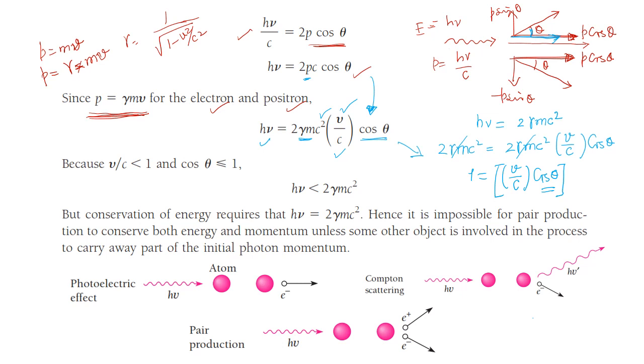So the electron and the positron are going in a single line without any angle. So it is not possible, because this is a particle and this is an antiparticle.